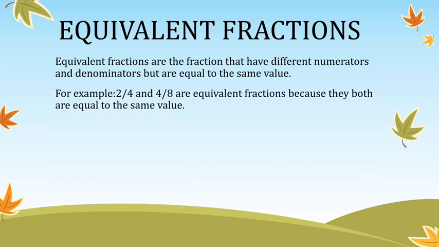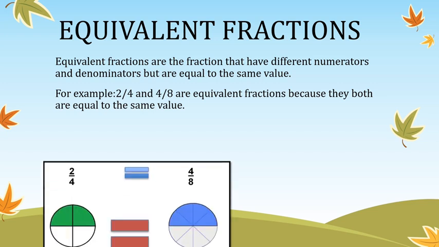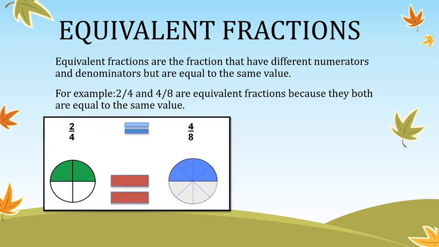How? For example, 2 by 4 and 4 by 8. Both have different numerators and different denominators, but they are equivalent. Why? Because they are both equal to the same value. See the picture, you will understand.